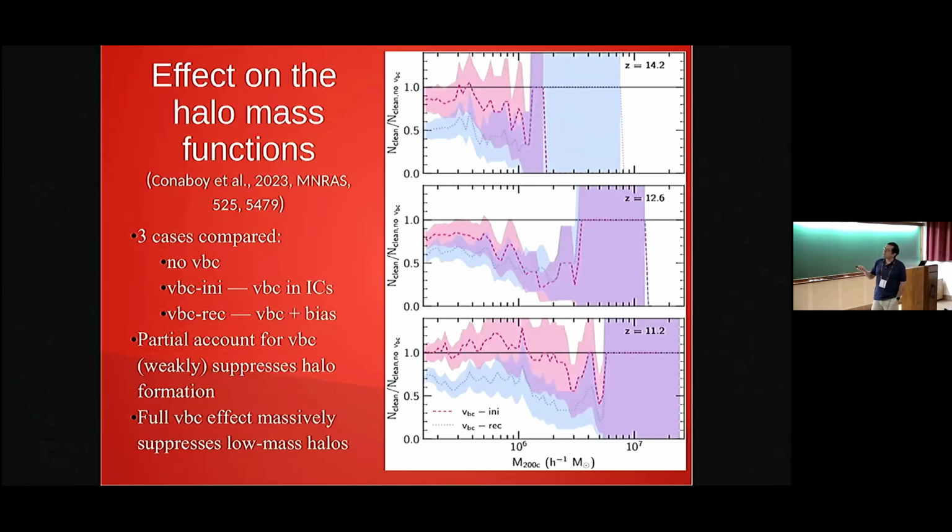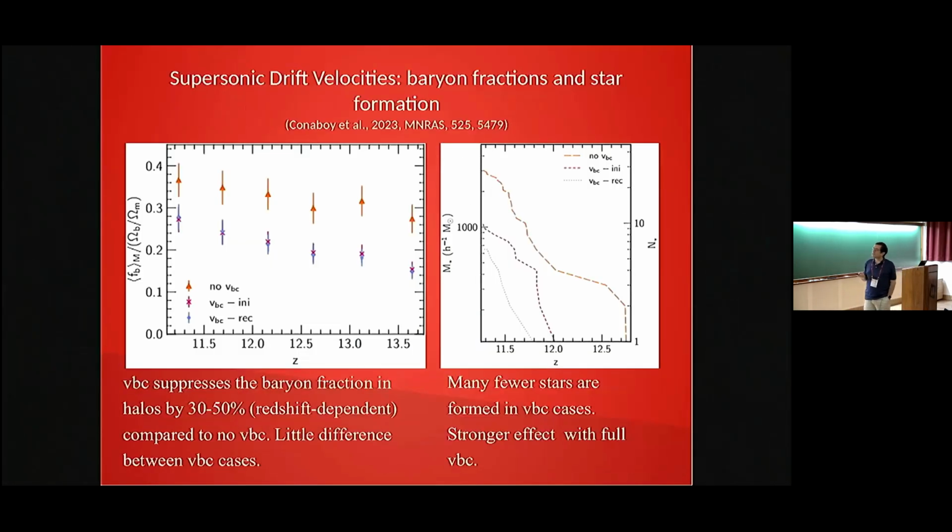And we can see that this method partially accounts for this suppression. So this is the number of halos that you get at different times compared to the average. With our method, you get significant suppression, up to 40 or 50%. You also get significant suppression in the baryon fraction in halos.